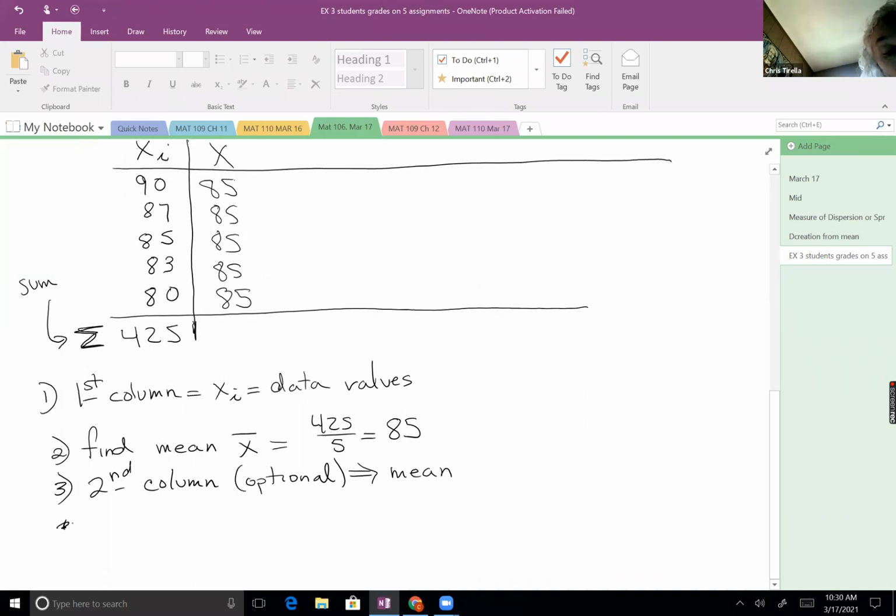And people find that helpful because the next column is your deviations, which would be your data value minus the mean.